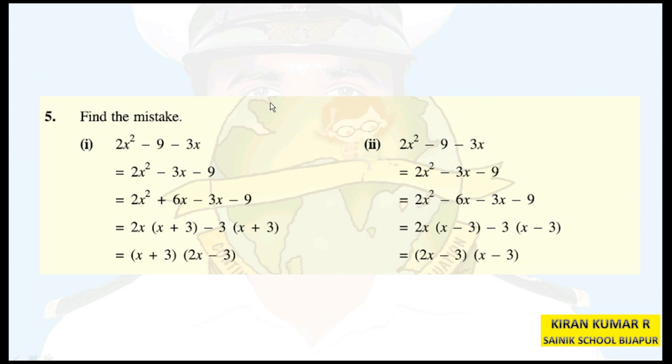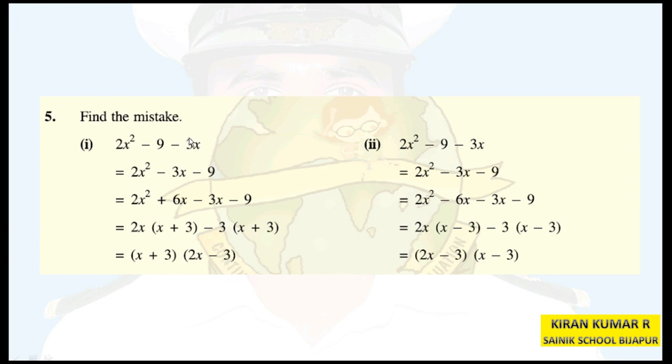I want you to find out the mistakes in these two polynomials factorization. You can pause the video and you can write these steps and identify where the step has gone wrong, or else take these two quadratic polynomials, factorize them till the steps written by you match with the steps which are given here.